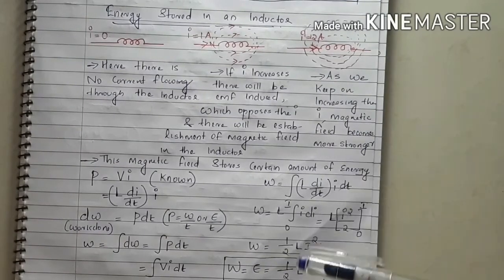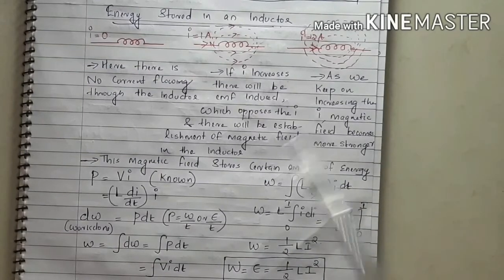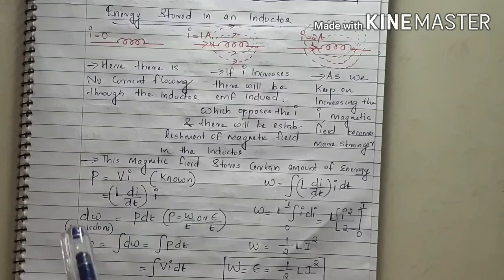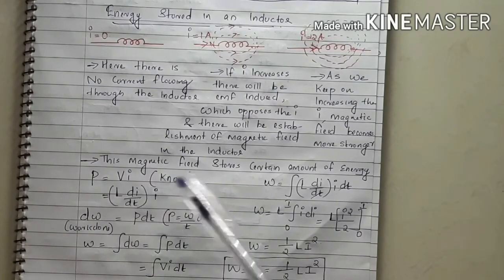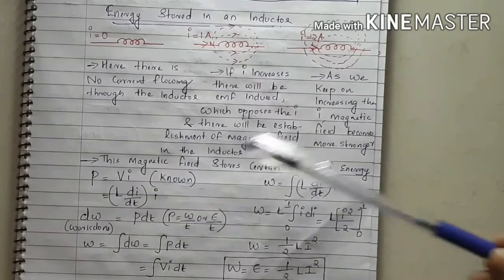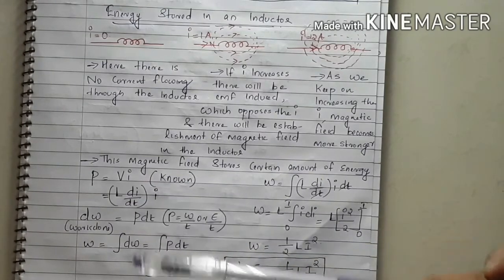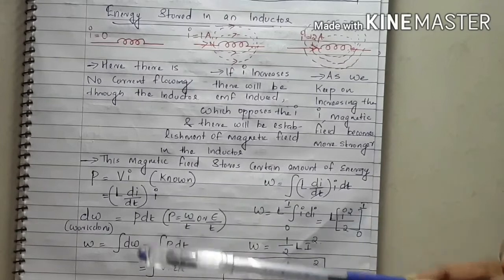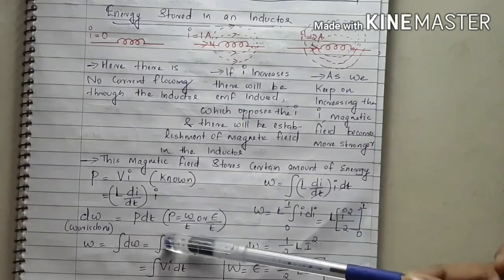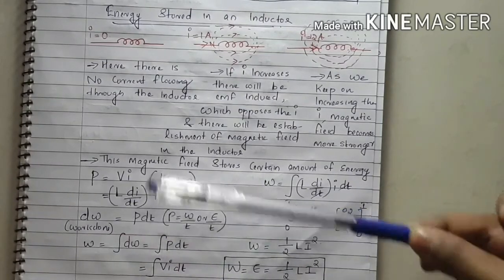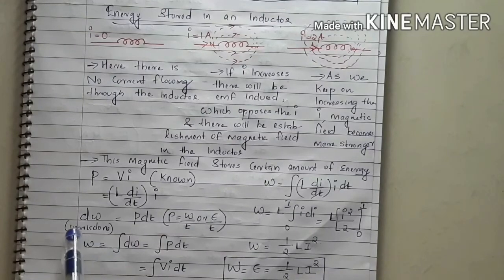Now let's calculate this amount of energy which is stored in an inductor. Let us consider the power equation. As we know, power can be written as voltage into current, that is P equal to VI. Voltage is nothing but, in terms of rate of change of current, L di by dt, into I. Power is nothing but the work done.